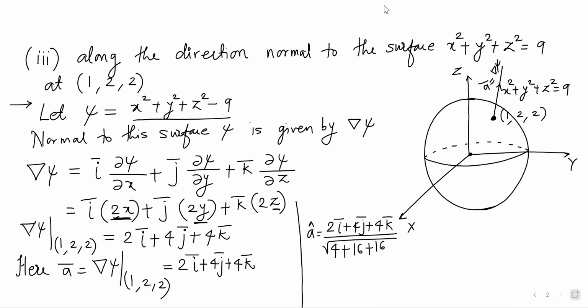That is 32 plus 4, which is 36, that means it is 1 by 6 times 2 i bar plus 4 j bar plus 4 k bar. Correct? So what do I get as a cap? You take out 2 common, so it is 1 by 3 times i bar plus 2 j bar plus 2 k bar. So I'm just cancelling that value.